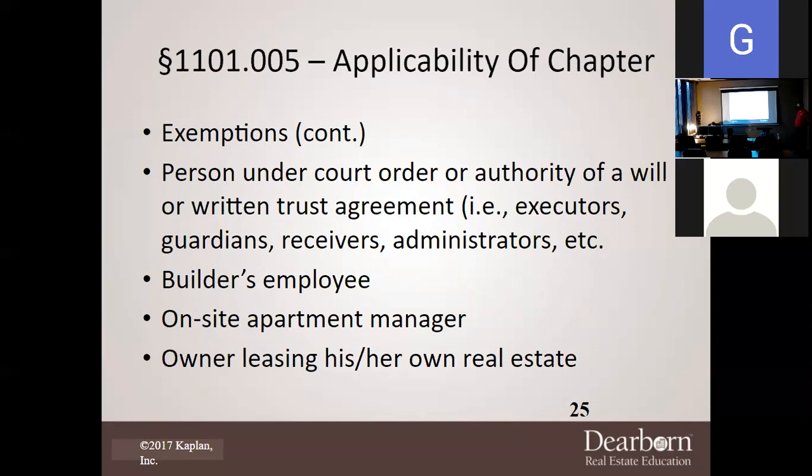A builder's employee. This is what gets all my agents every day. Well, how is this person able to sell a property when they don't even have a real estate license? How are they able to sell this home for the builder when they don't even have a real estate license? Well, here's the thing. They're an employee. And they're acting on the behalf of who?